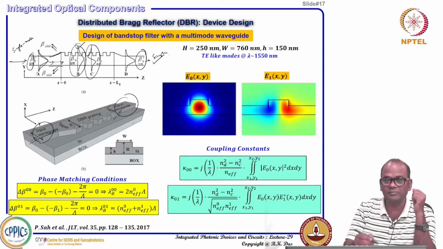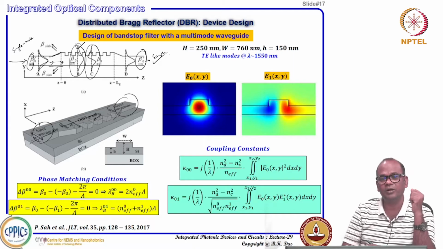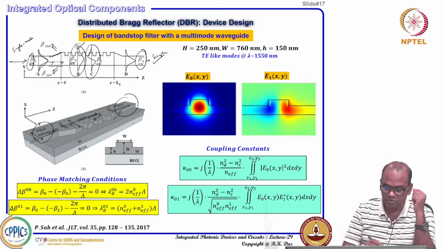But because of the phase matching condition, light can couple to the backward propagating fundamental mode and the backward propagating first order mode. To understand that, suppose you have two modes in the forward direction.